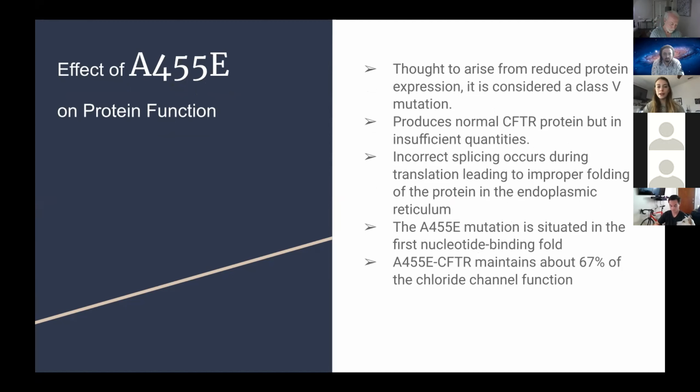And that brings me to the next slide, the effect on protein function. The mutation A455E is a class 5 mutation. This means that normal CFTR proteins are produced, but not enough in quantity due to the lack of transcriptional regulation. The mutation influences the splicing machinery or the mRNA processing. It generates both normal and abnormal mRNA.